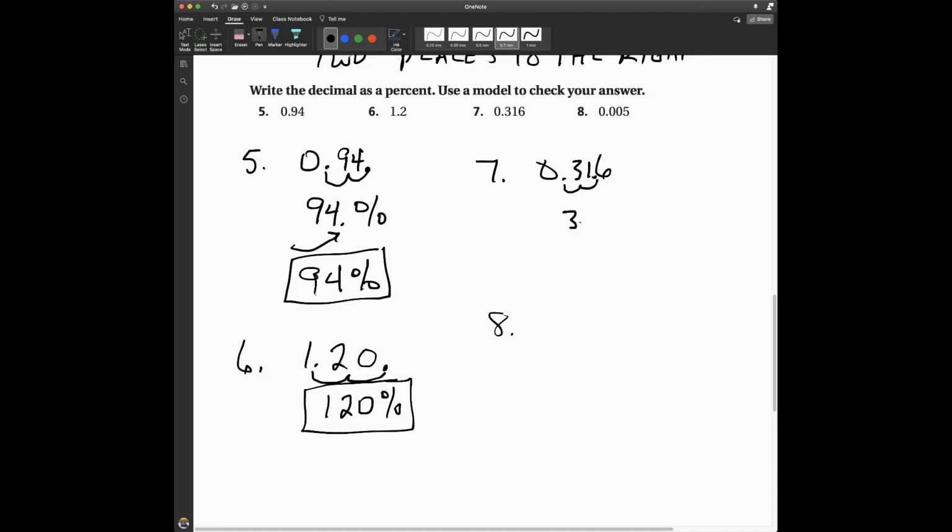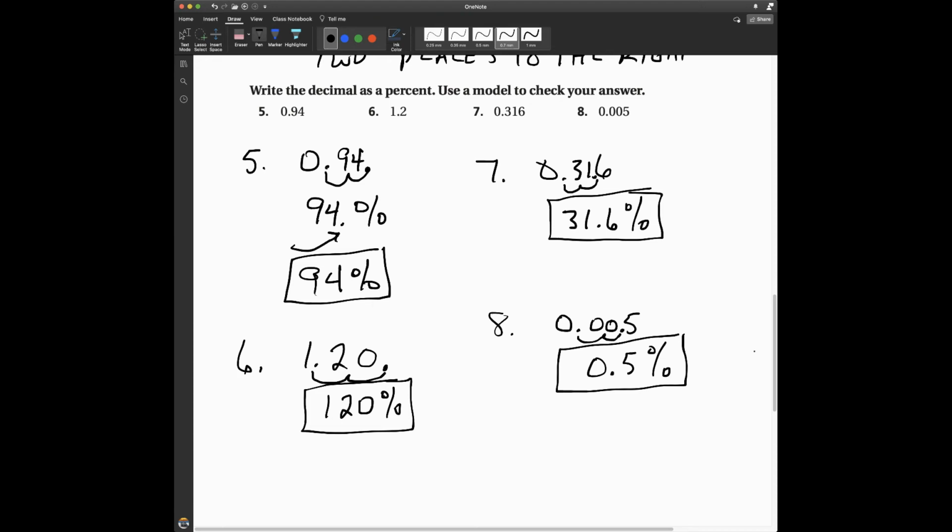So this becomes 31.6%. Did you get that one? I hope so. Let's look at number 8, 0.005. Again, always just 2 places, in the direction of where the percent sign is going to go. So it should be 0.5%. I hope you guys were able to get those right.